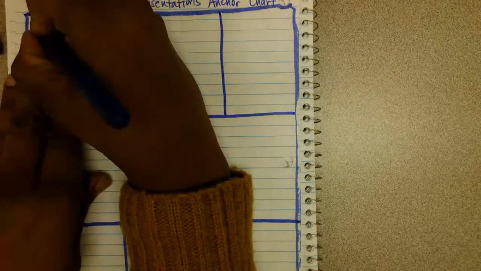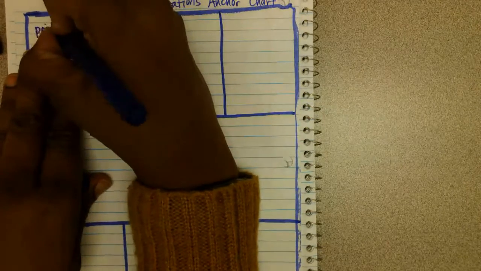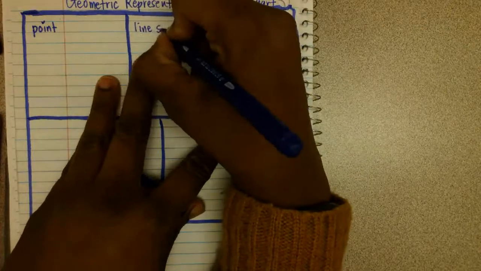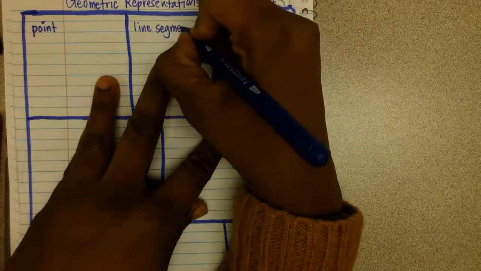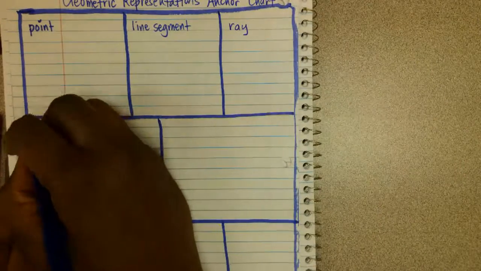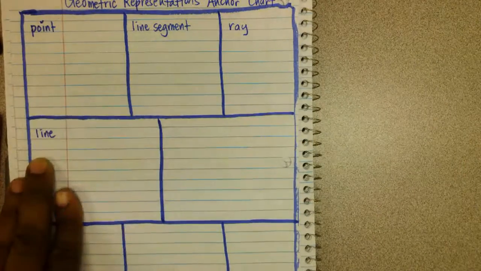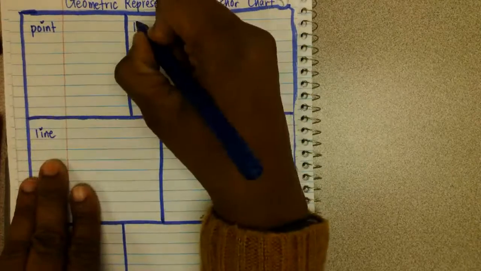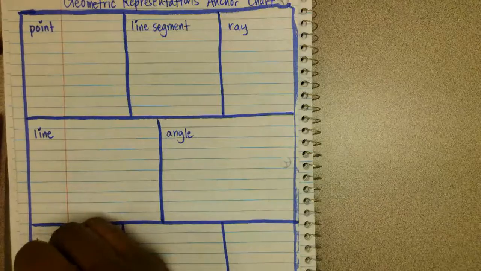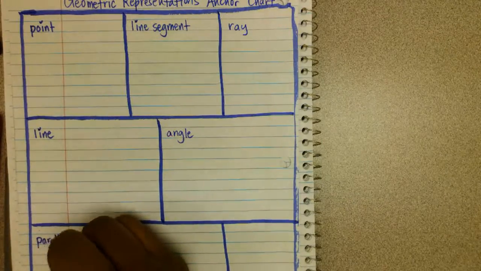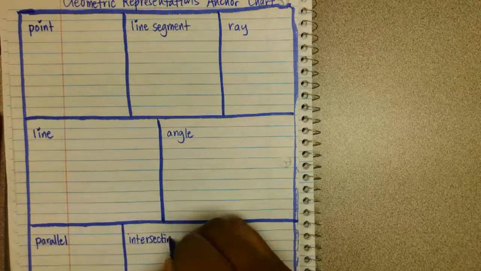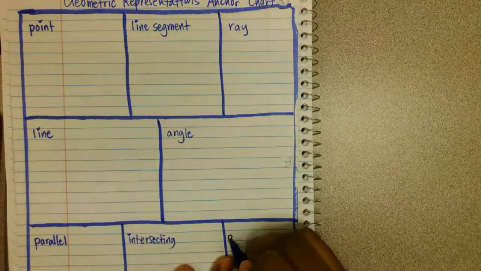All right, so a point is the basis of it all. Then we have a line segment, a ray, a line, an angle, parallel, intersecting, perpendicular.